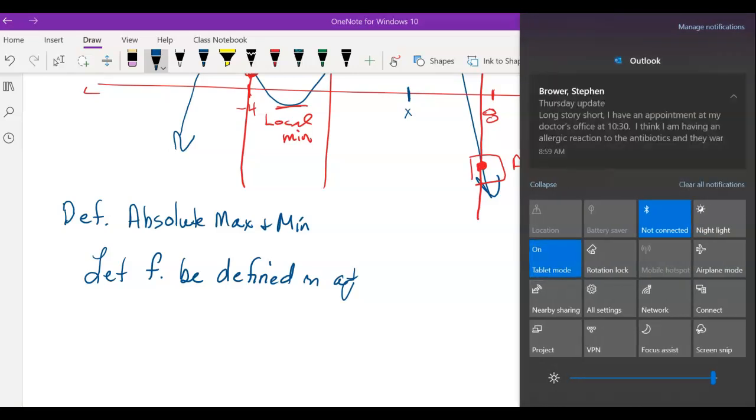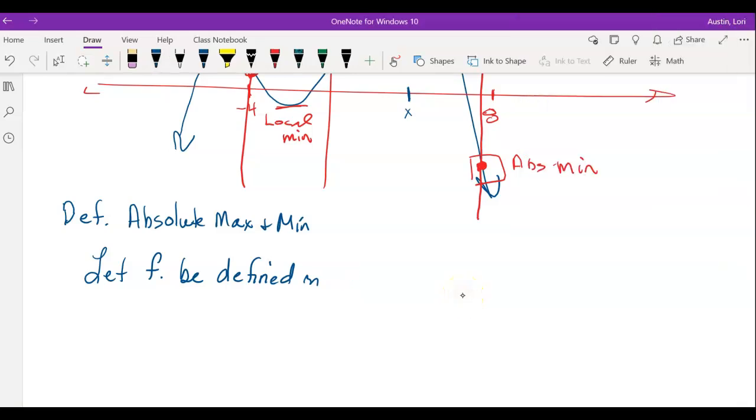That might help. So when you see things like on a set D, think of that as the domain, right? Whatever that domain is. It could be open from negative infinity to infinity. It could be a closed interval, like our -4 to 8. And let f be defined on a set D containing a point C. All right.